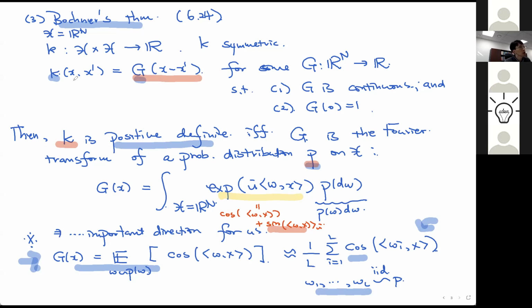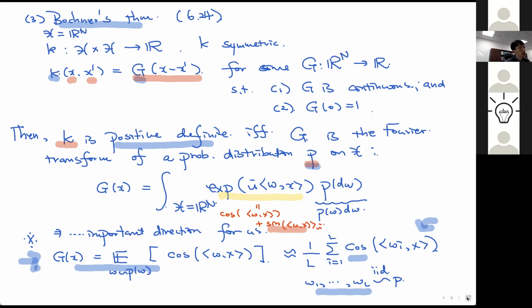That's because if you translate the inputs x and x prime by some quantity, because we are subtracting one from the other, the translation doesn't make any change at all. It just cancels.